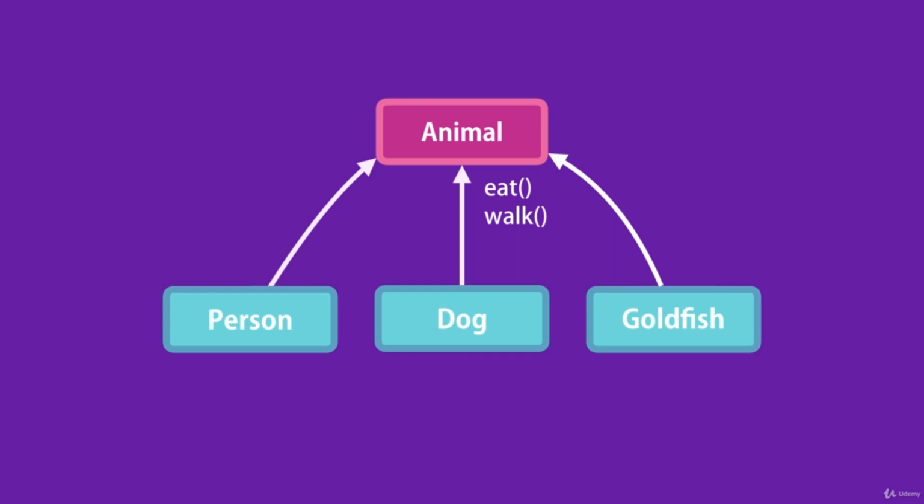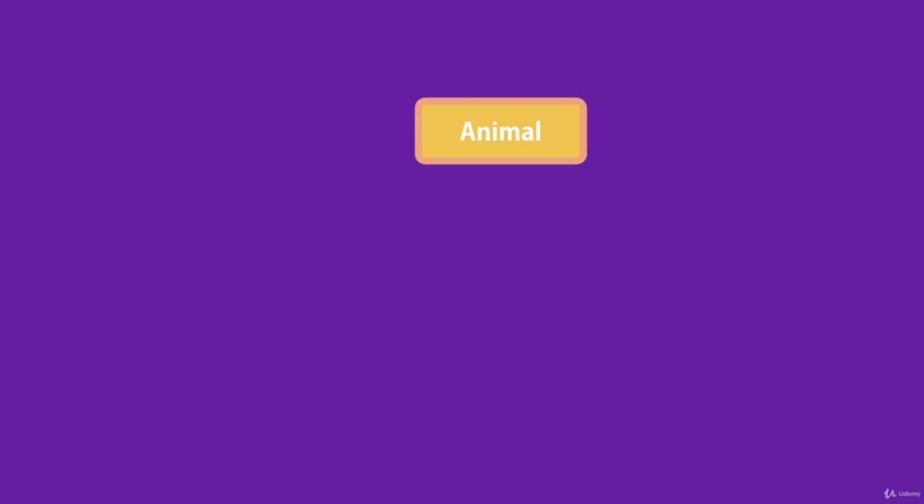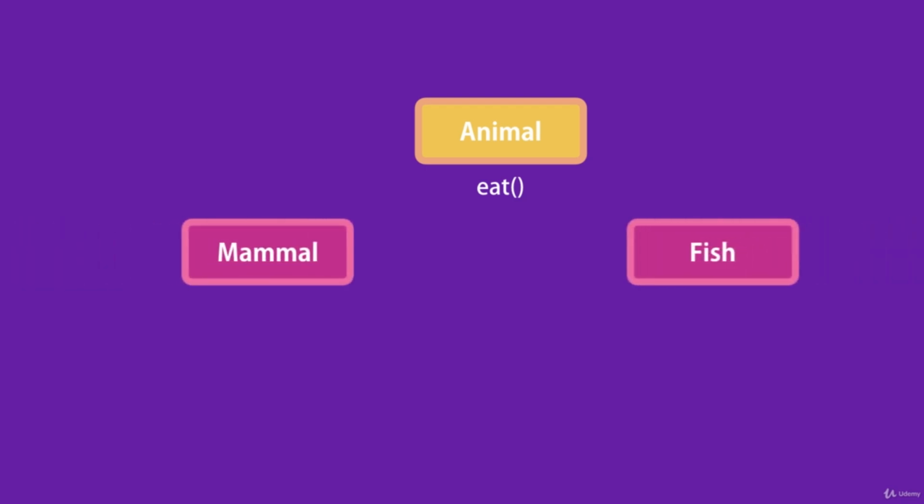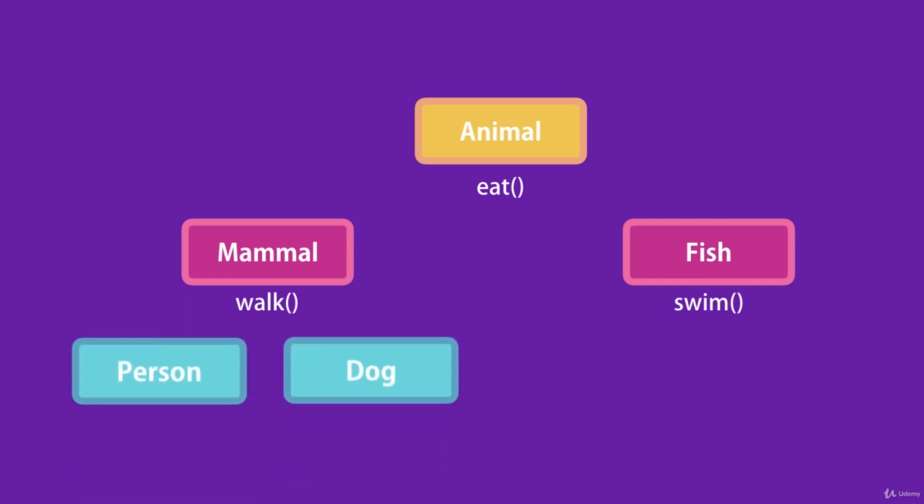So, to solve this problem, we need to change our hierarchy. On the top, we should have the animal object with the eat method. Under that, we're going to have two objects, mammal and fish. Mammals can walk, fish can swim. And then we can have person and dog derived from mammal, and goldfish derived from fish.